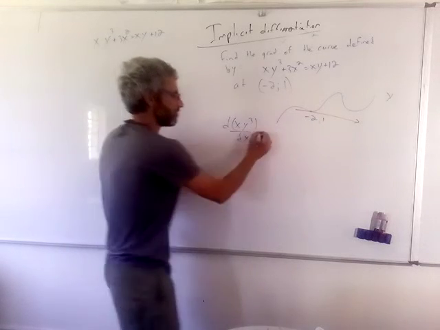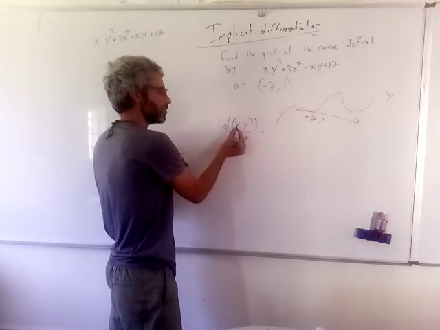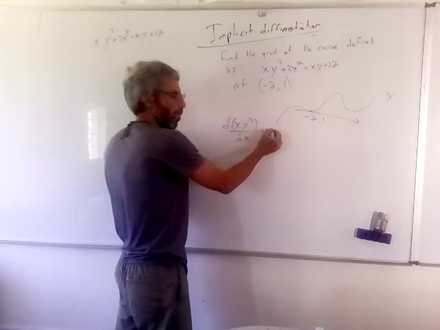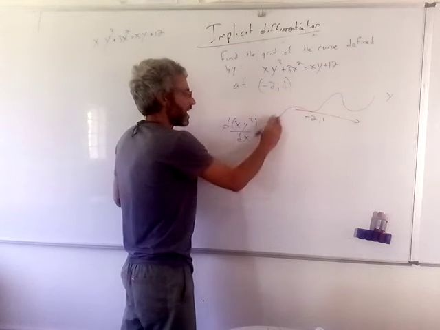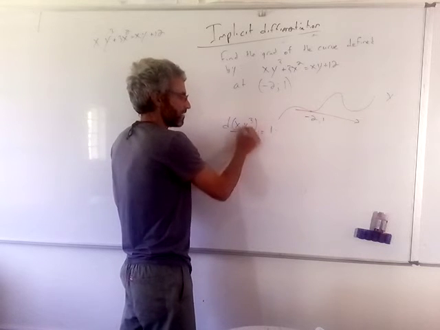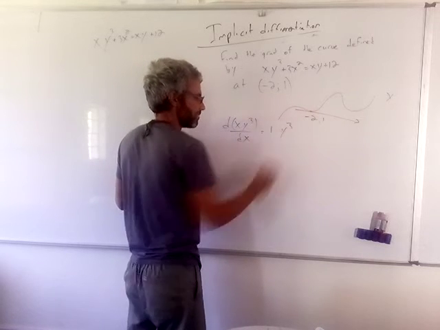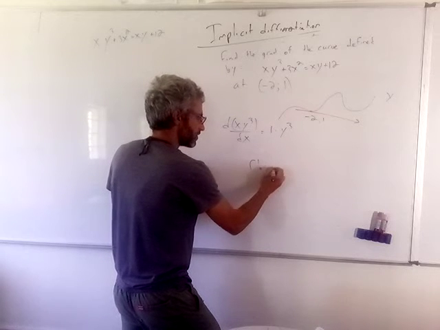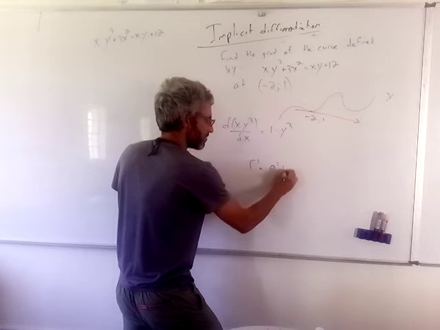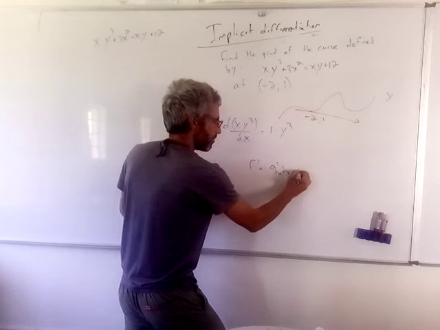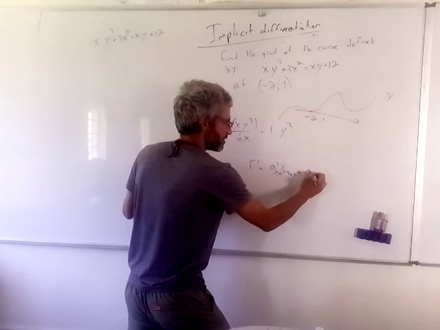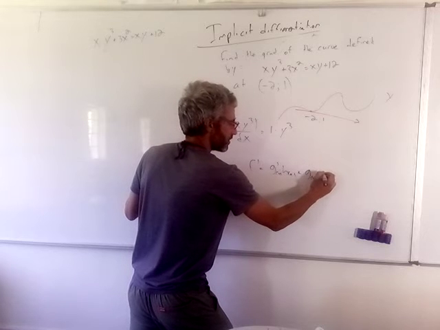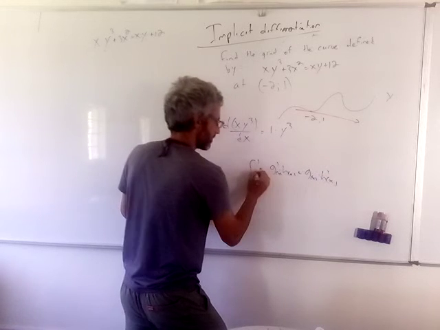We do the derivative of x, which is 1, times the second function, y cubed. The derivative of f is going to be the derivative of g times h plus g times the derivative of h.